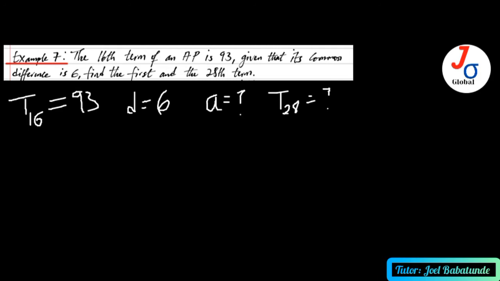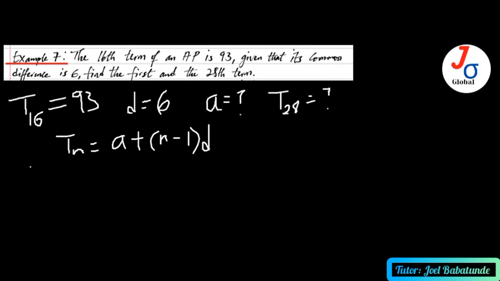So how do we go about this? The first thing you would have to do is to write out the general formula for an AP. And that gives us T sub n equals A plus (n minus 1) D. Now we're given this 16th term to be 93.